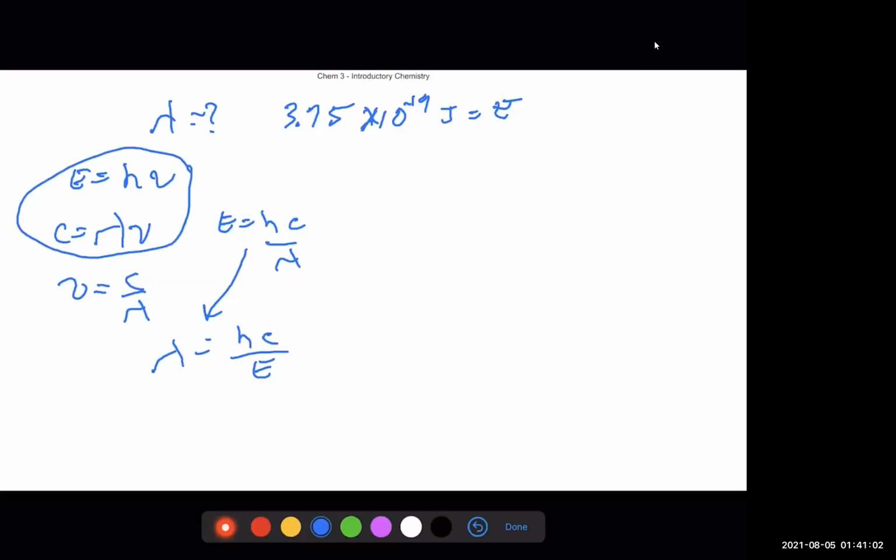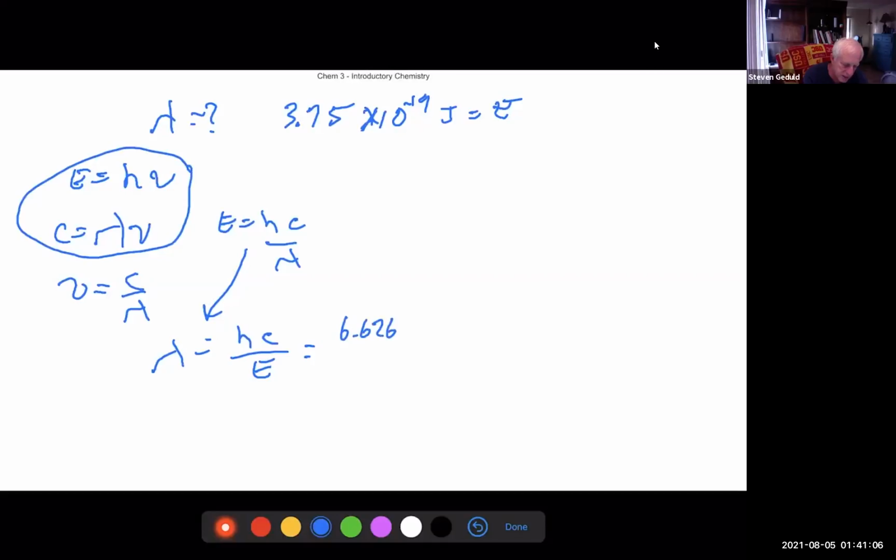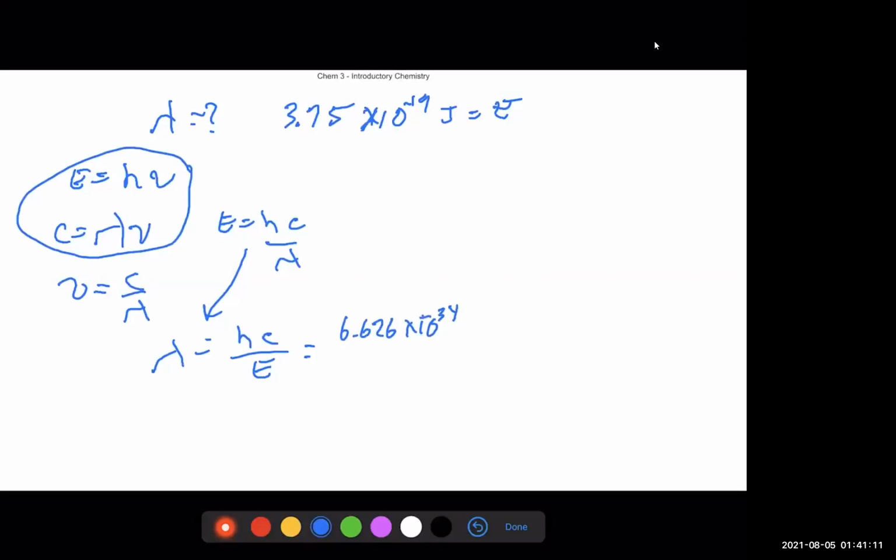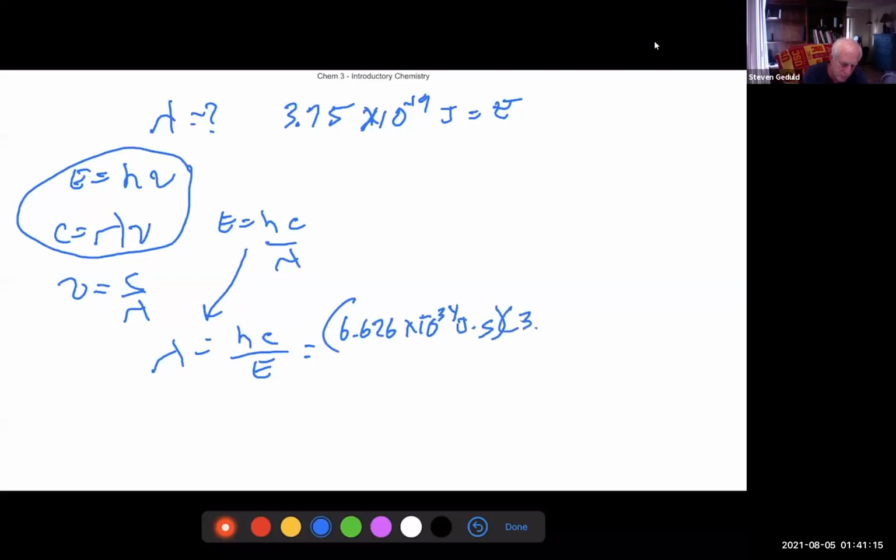All right, perfect. So h is Planck's constant, 6.626 times 10 to the minus 34 joule seconds. Speed of light, 3.00 times 10 to the 8 meters per second.